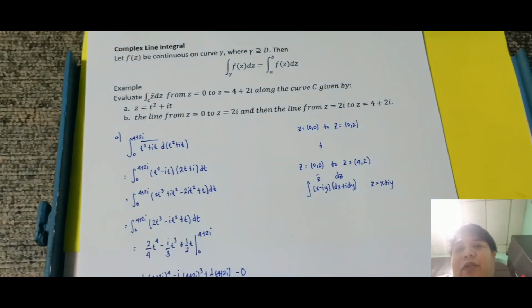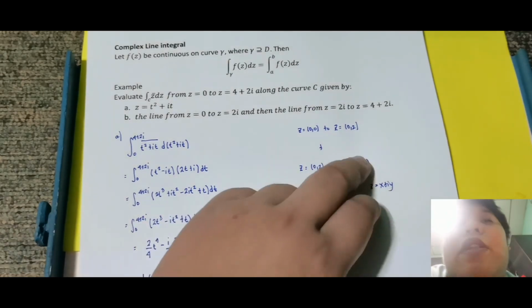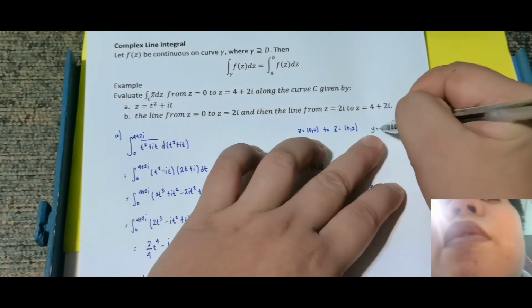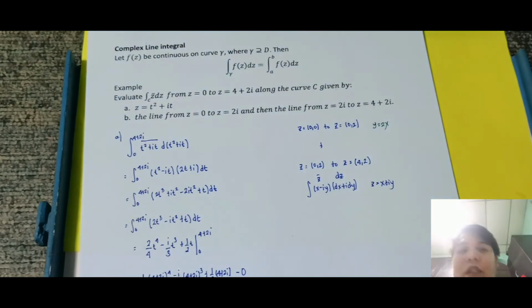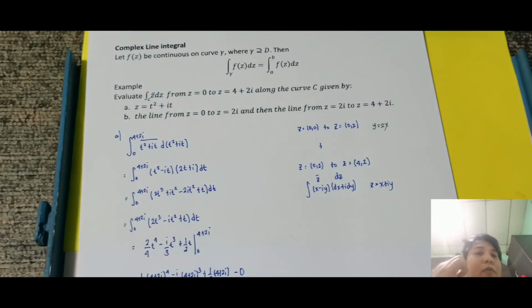So again, kunin mo equation of the line na ito. So paano ba equation of the line yung y minus 0 is 2 minus 0, that is y is equal to 2x, no? This is y is equal to 2x. Dito naman equation of the line dyan, that is y minus 2 over x, tapos minus 2 cancel na, tapos 4 minus 0 sa ilalim.